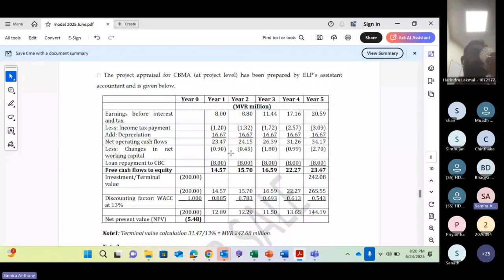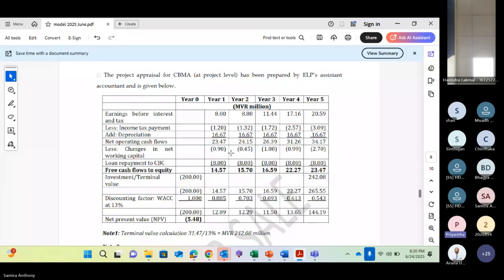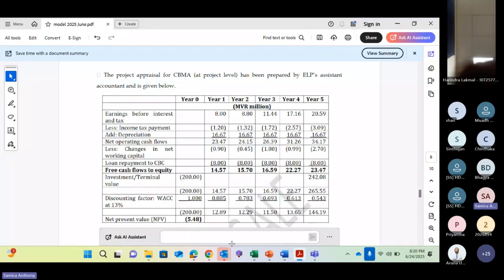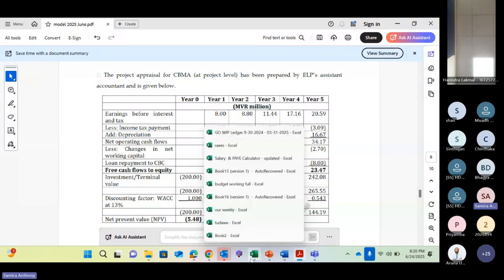is the number. Is that correct? Something wrong with my signal. Now it's okay. Let's take free cash flows to the business.